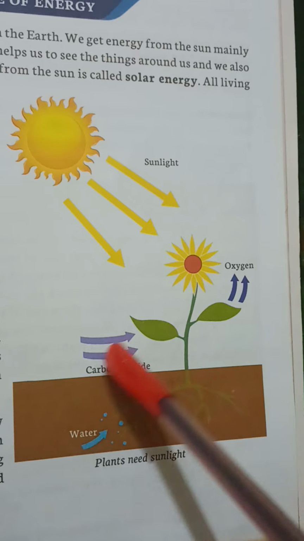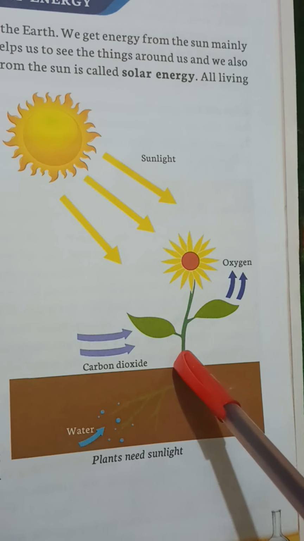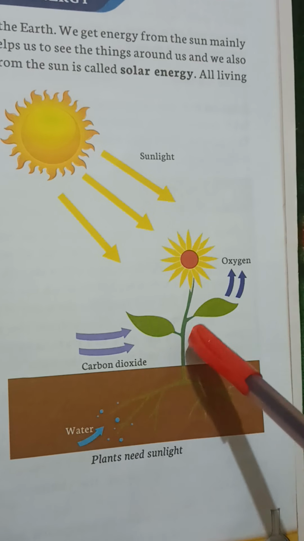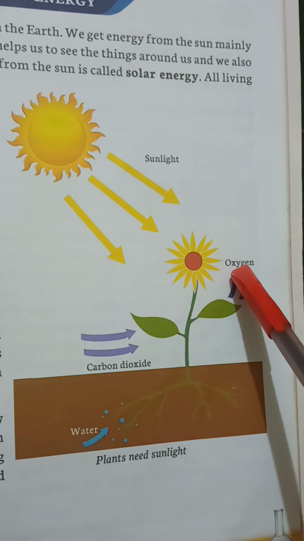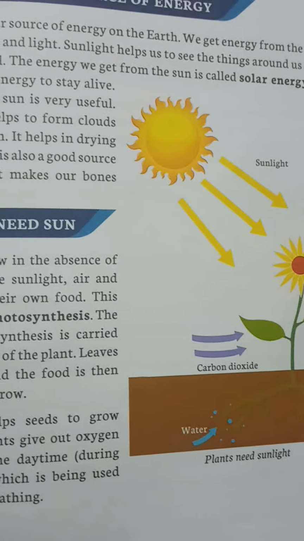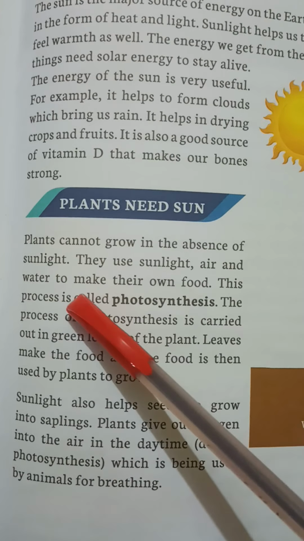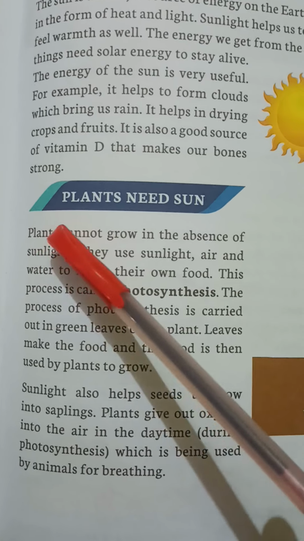This arrow indicates that plants receive carbon dioxide, and during the process of photosynthesis they release oxygen, which is utilized by animals and human beings.